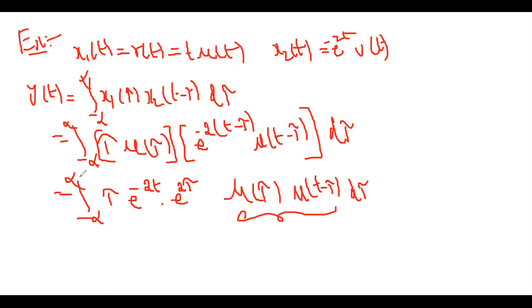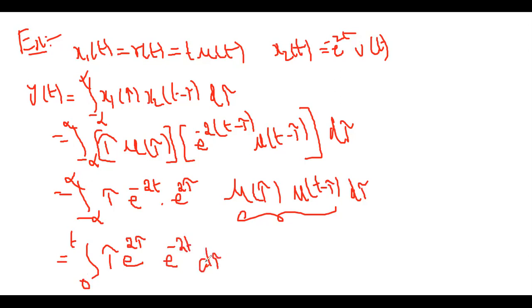Substitute the 1 here and change the limits from minus infinity to infinity as 0 to t. Integral 0 to t, tau into e power 2 tau, sorry, not 2t, e power 2 tau, and e power minus 2t into d tau.